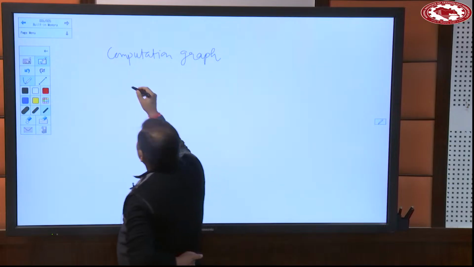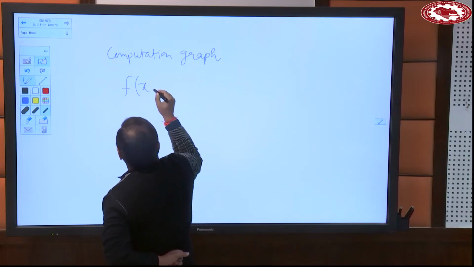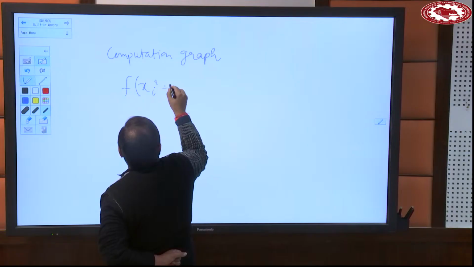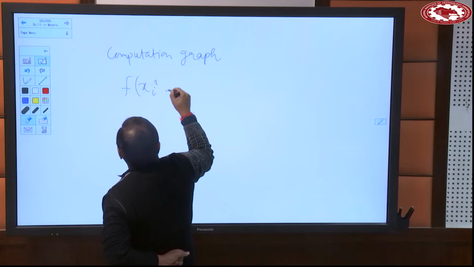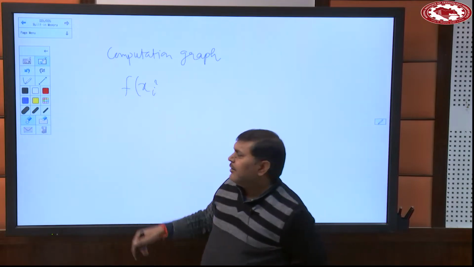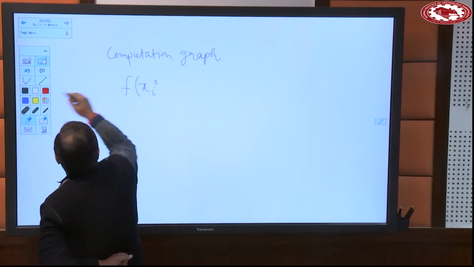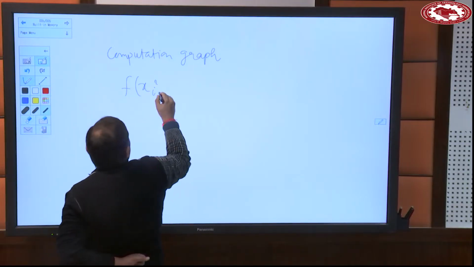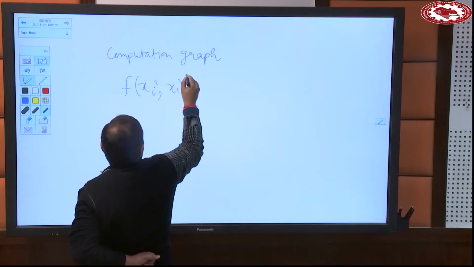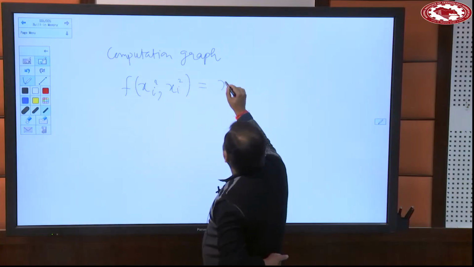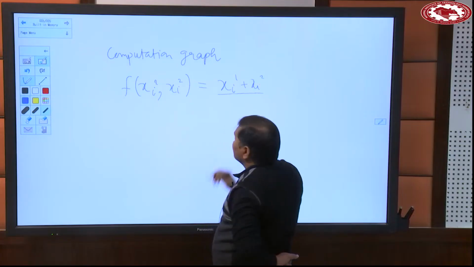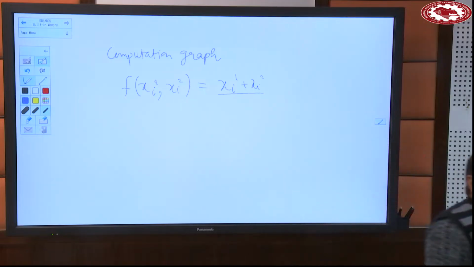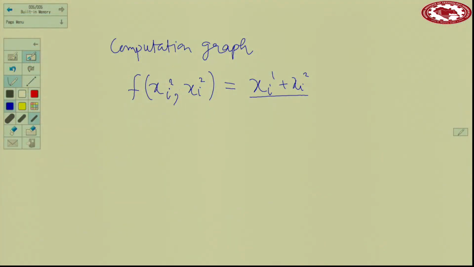Suppose you have a function f of two variables, x and y, and your output is simply x plus y. How will you compute the gradient with respect to x and with respect to y? This is an addition operation and you can directly get 1.